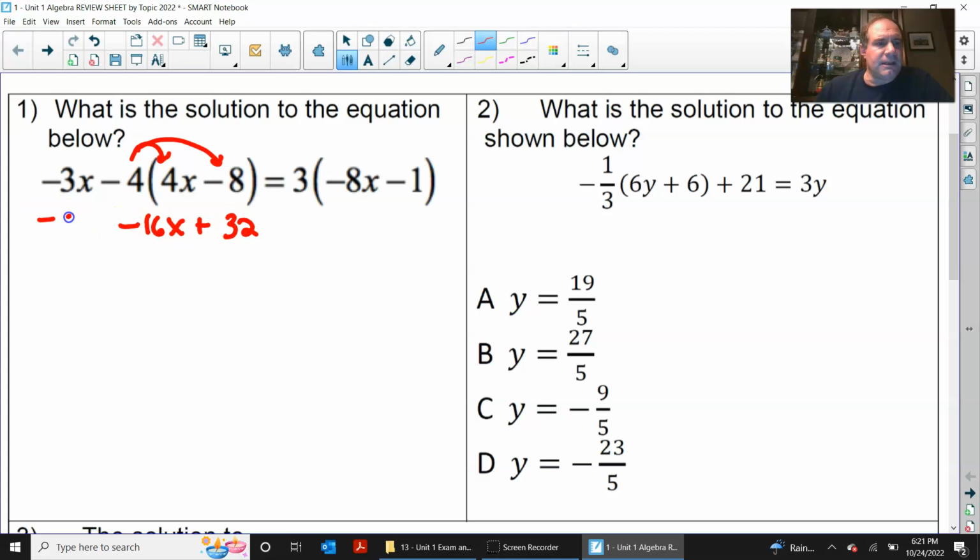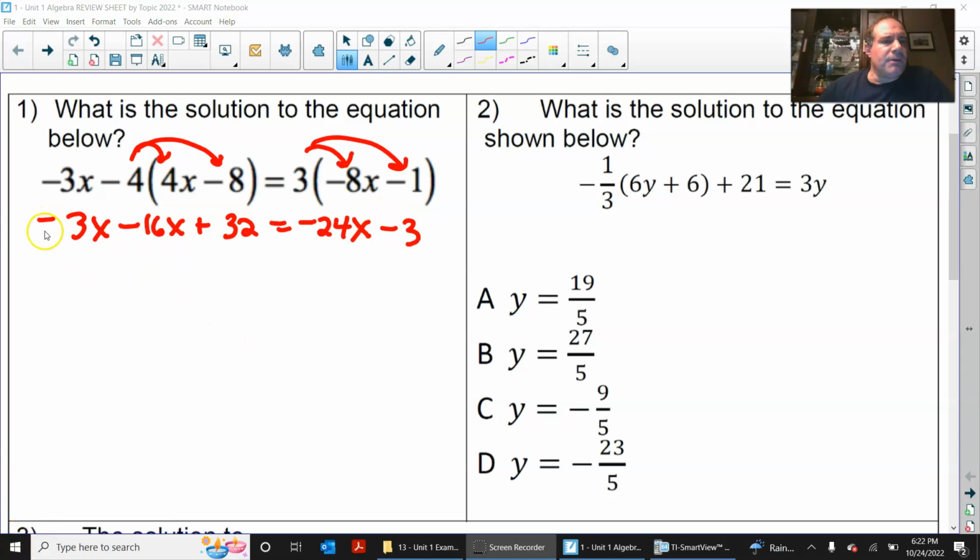I'm going to bring down that negative 3x. And then equals, I'm going to do distributive property here on the fly. Positive 3 times negative 8 is negative 24x, and 3 times negative 1 is negative 3.